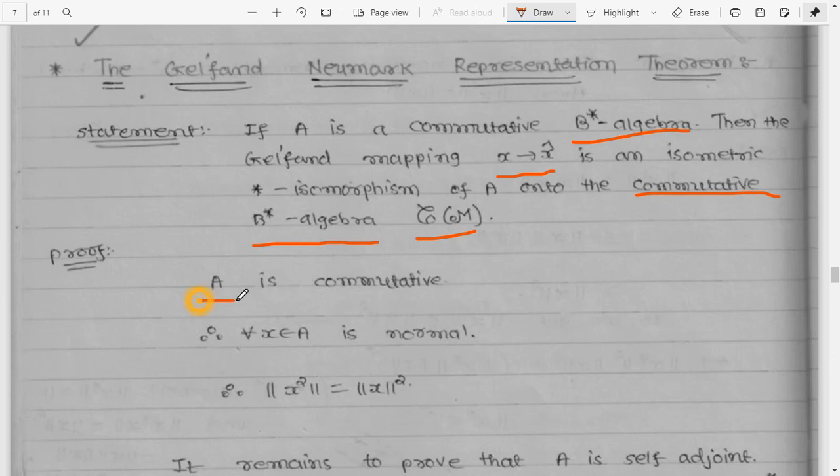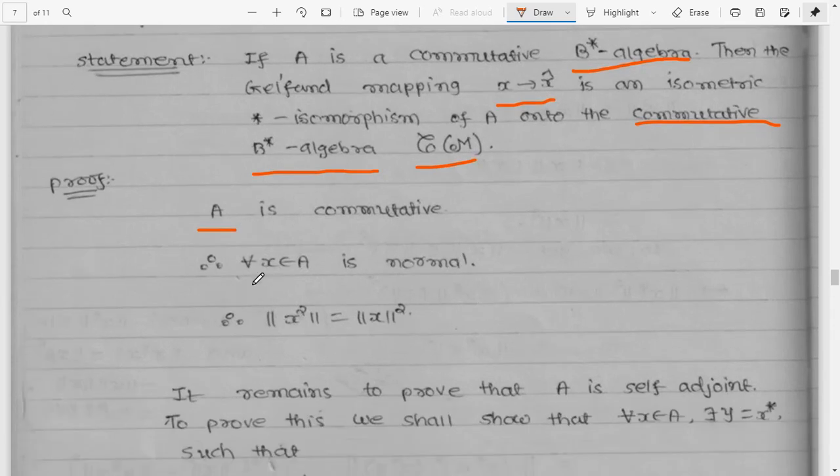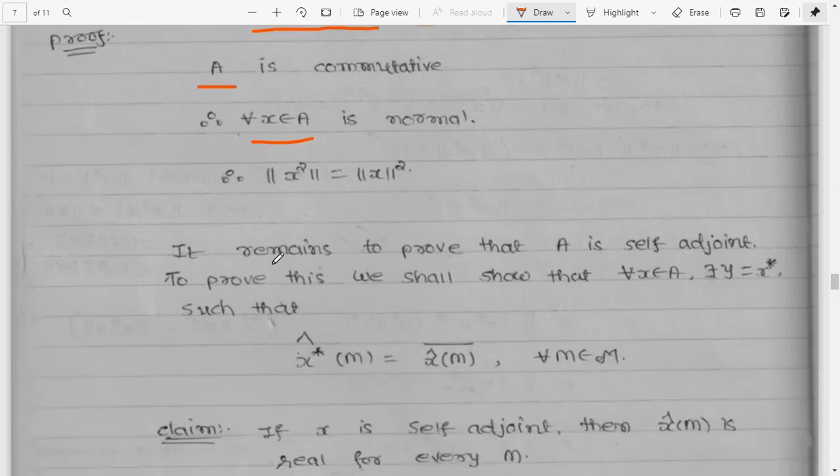Here A is commutative, so every x belonging to A is normal, so norm x square is equal to norm x whole square. So it remains to prove that A is self-adjoint.